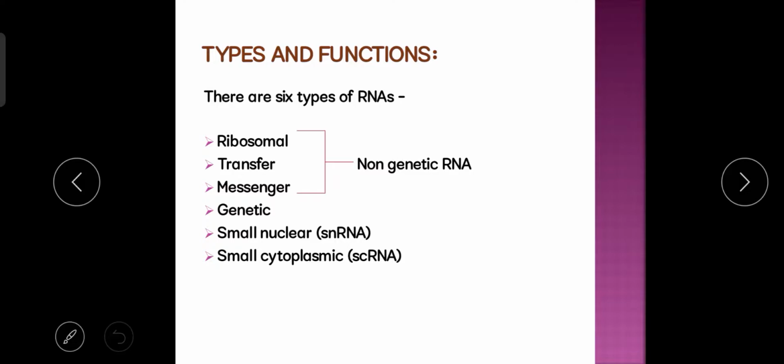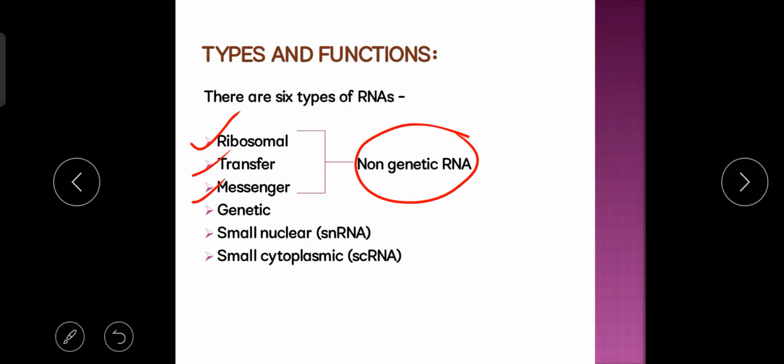Okay, next. How many different types of RNAs are found? Basically, there are three different types of non-genetic RNAs: the ribosomal RNA, the transfer RNA and the messenger RNA. These three RNAs are known as non-genetic RNA. Why? Because they do not take part in the transmission of genetic character from one generation to the next, but they help in protein synthesis directly.